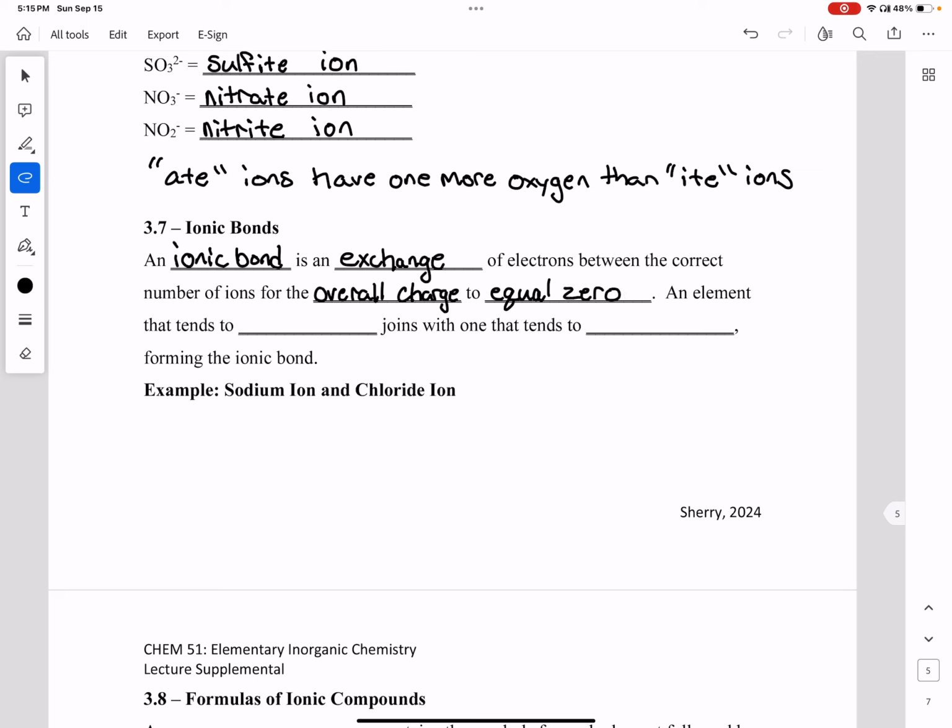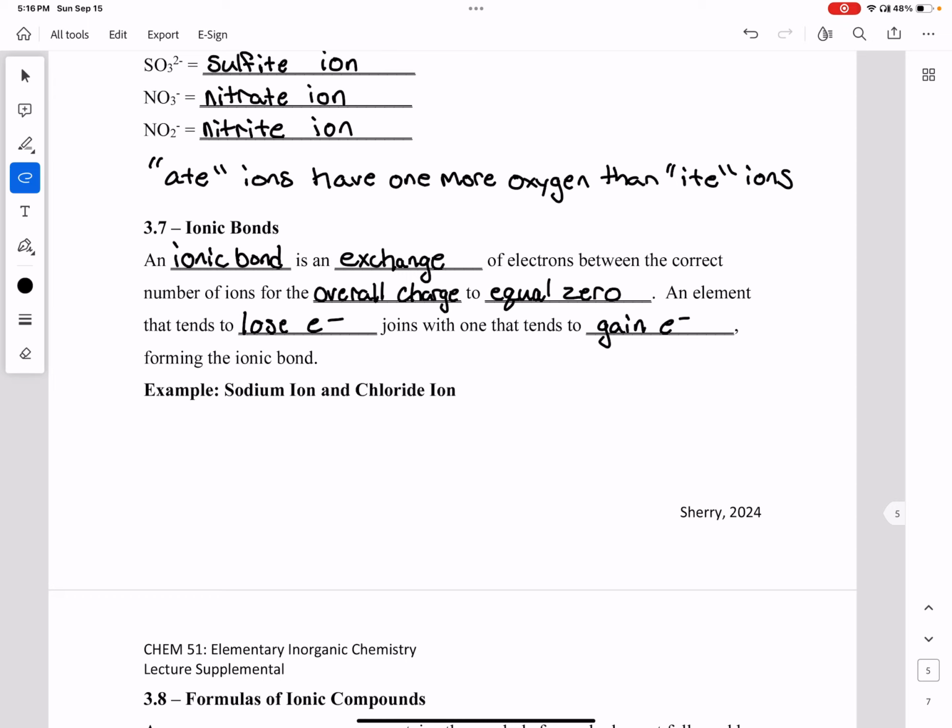So an element that tends to lose electrons will join one that tends to gain electrons, and that forms an ionic bond.